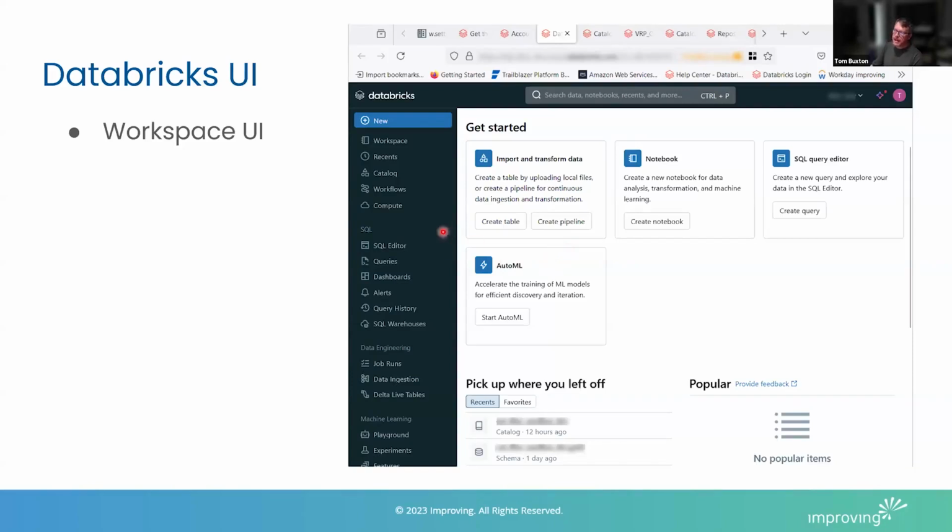And basically, we just have tabs that give us access to our workspaces, catalogs, which is our access to the metastore, to Unity, workflows, compute, as we've just been discussing, SQL for making SQL queries to our data. And then data engineering, creating pipelines, that sort of thing, and machine learning, where we might create experiments or ML models and this sort of thing, right? So we're not going to talk about this beyond what we've just seen. Let's move on.